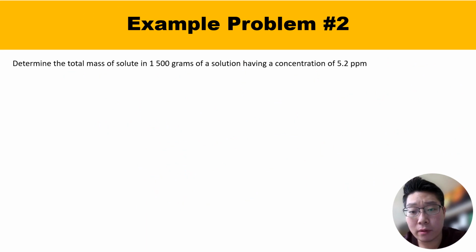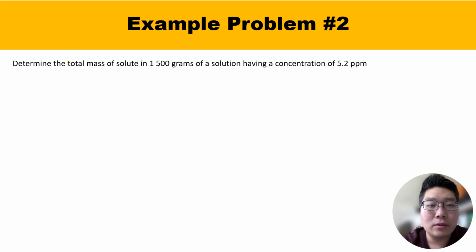Similar to before, I want you to pause this video so that you can copy the question. All right, I think you guys copied the question, assuming that the video will stop. Let me highlight a few things. So, number one, the question says total mass of solute.